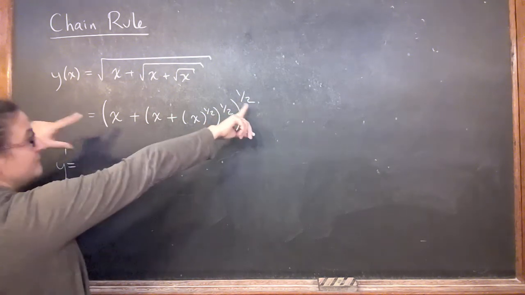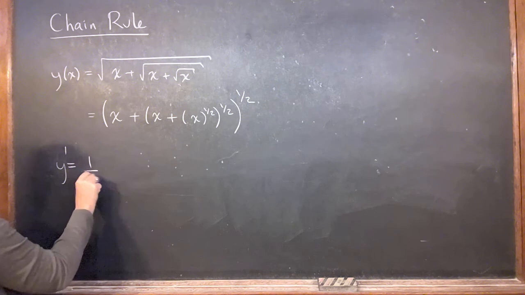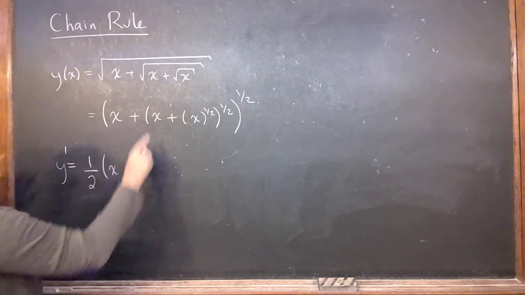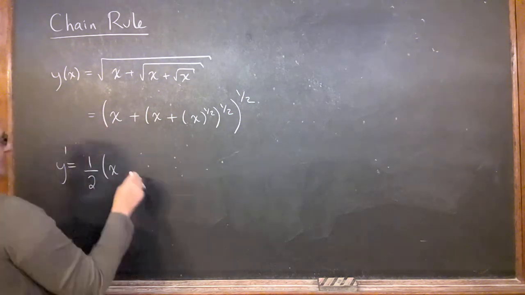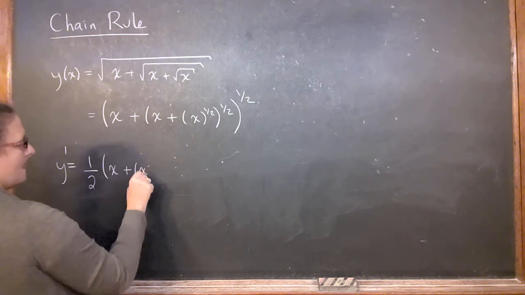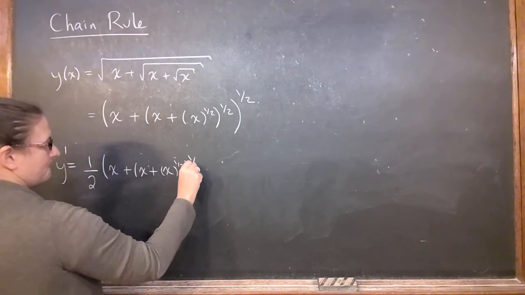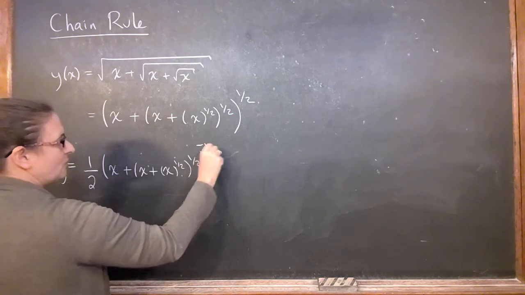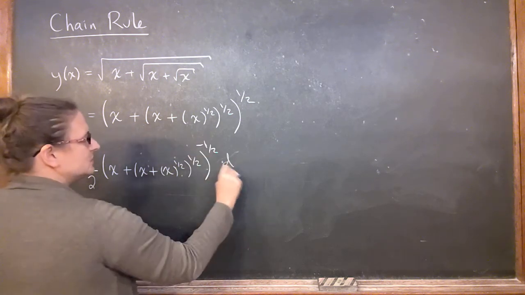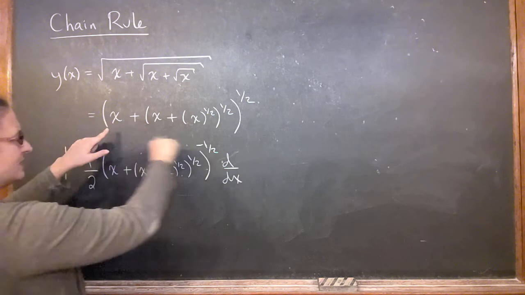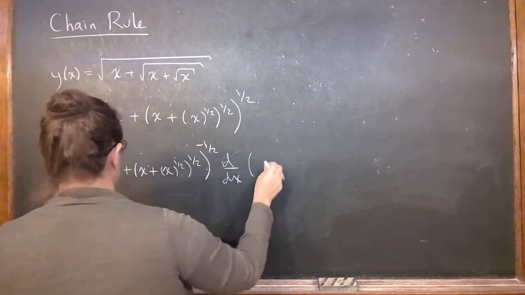So my very outside one is going to be 1/2, and then it's everything on the inside of the first parentheses to the negative 1/2 times the derivative of everything that's in that first parentheses.